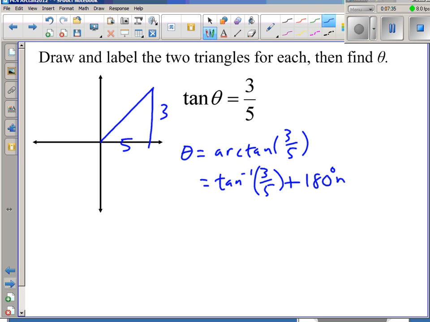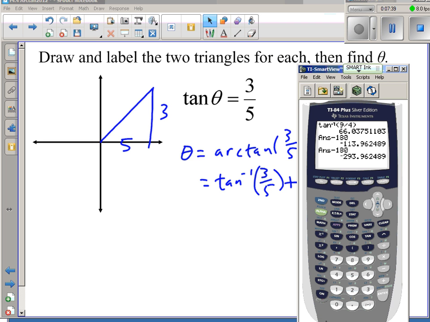And when we get this, I'm going to need a calculator. So I get into the correct mode, and I do second tan, 3 divided by 5. That doesn't look right. Did I change the mode? I did the tangent.